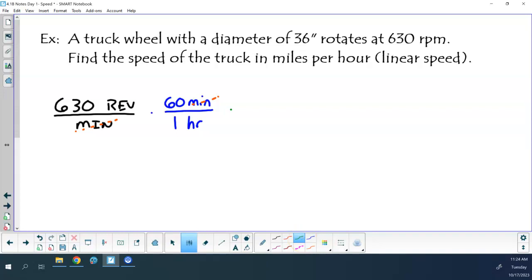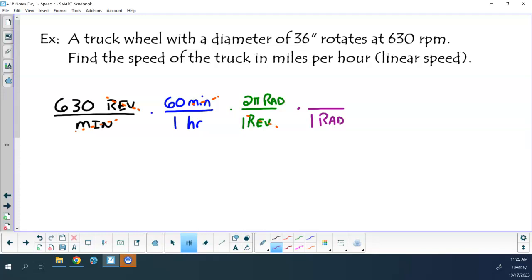So that would be 1 revolution is 2 pi radians. Now I'm in radians per hour. 1 radian of this circle is how many inches?